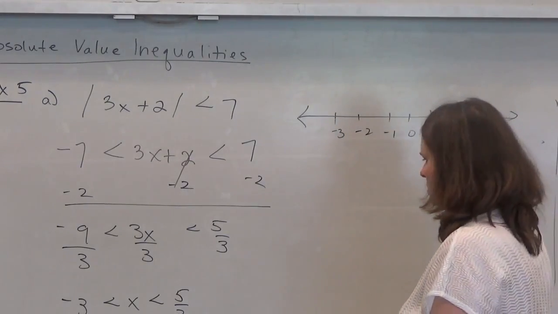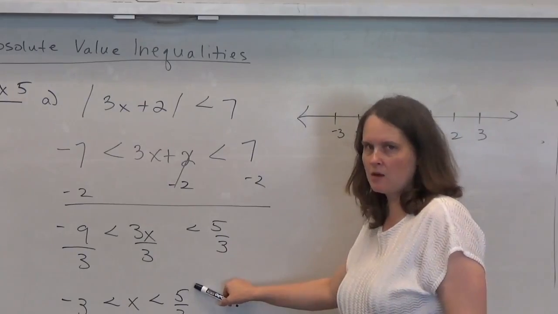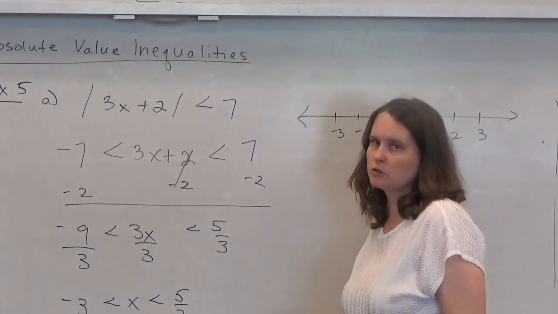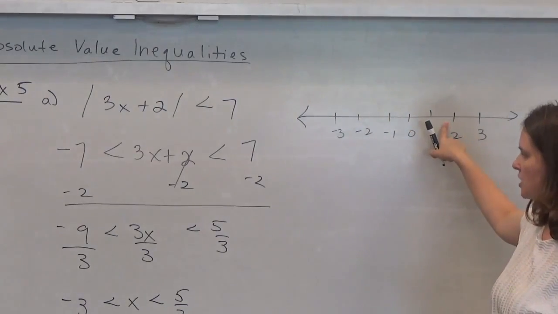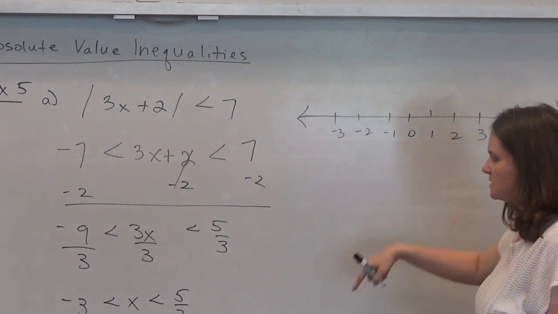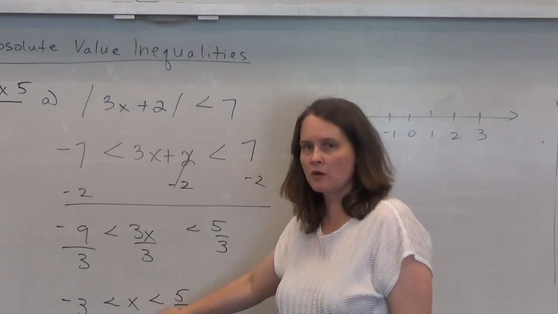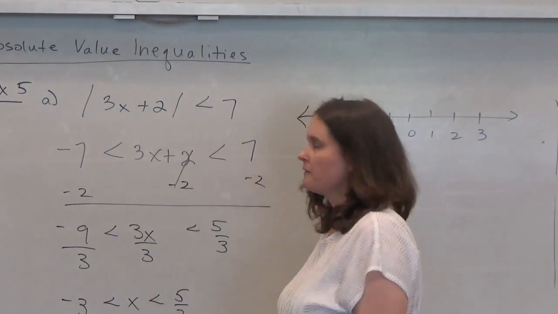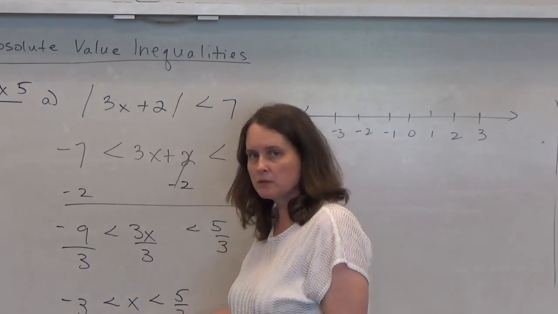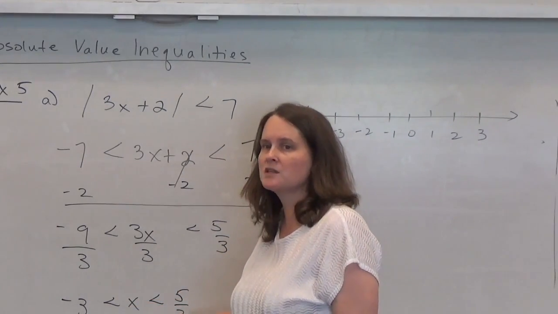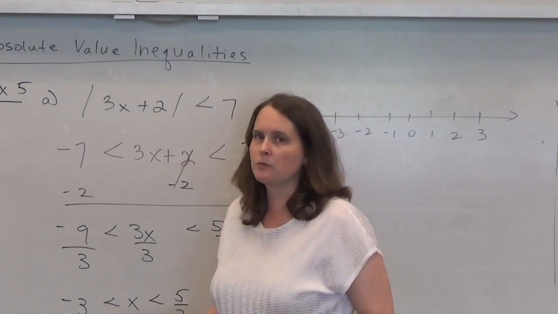Where is 5/3 on your graph? 3 goes into 5 not quite 2 times, so it's not quite 2. So it's going to be just a little bit before you get to 2. You're going to shade everything from, so x is telling you where your solutions are. They're everything between negative 3 and 5/3. And they do not have equal signs with them. They're just strict inequalities. So what symbols will we be using at our endpoints?